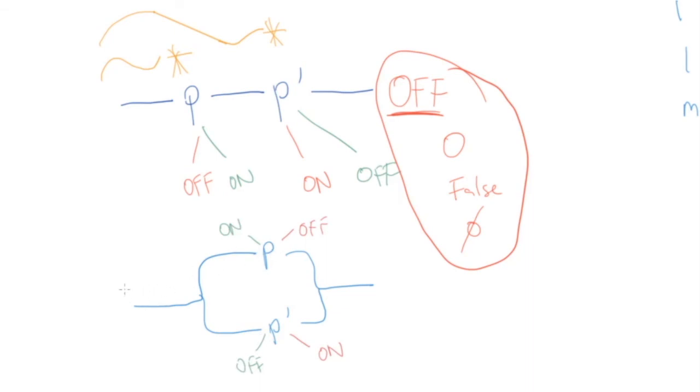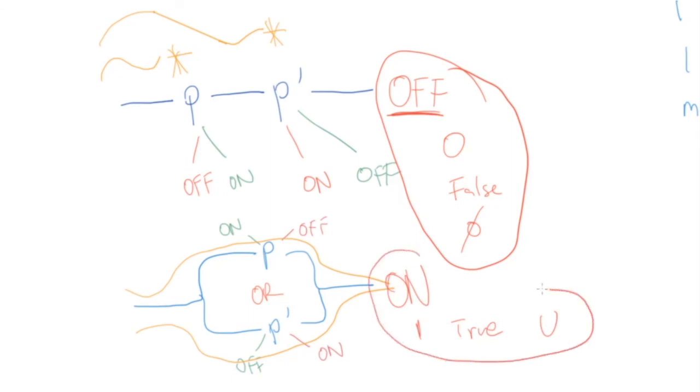Because if P is on, the current can go this way, but if P is off, the current can go this way. So this kind of circuit, where we have disjoined P and P prime, connected with OR, is always on. So we always get 1 through or the universe, right? It's always on.